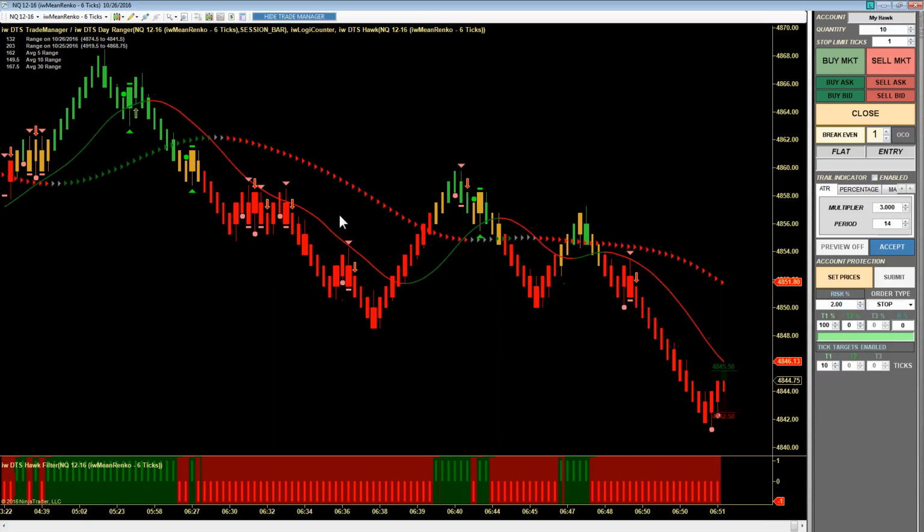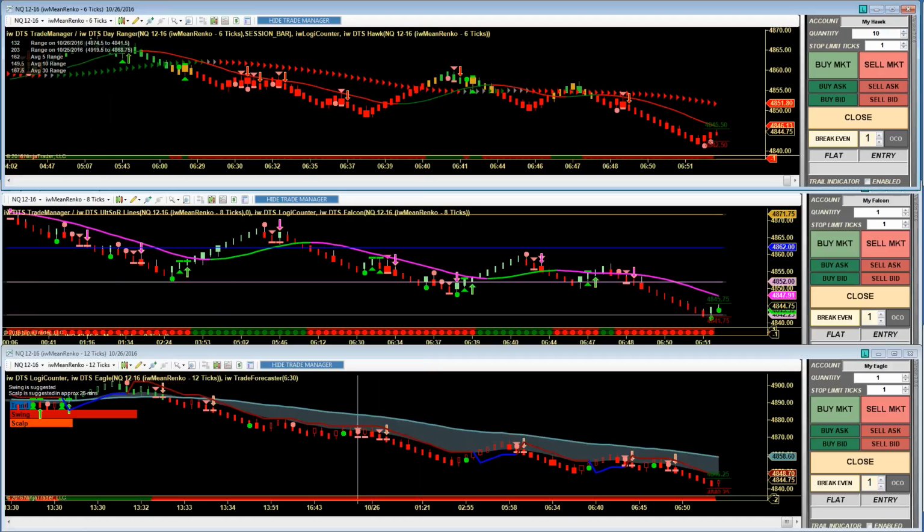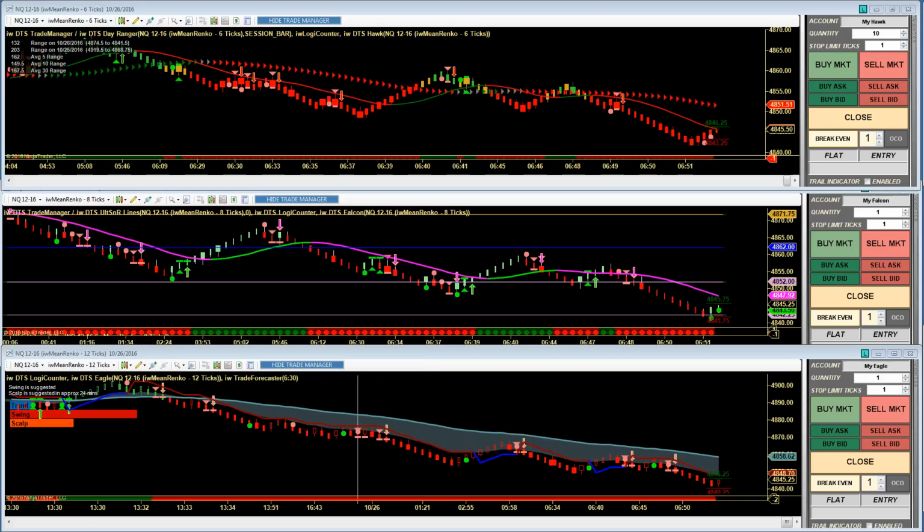So we had the one out of the open right here. And now we just had another first micro-macro cross signal right here. So what do those high probability signals look like? Let me show you very quickly.